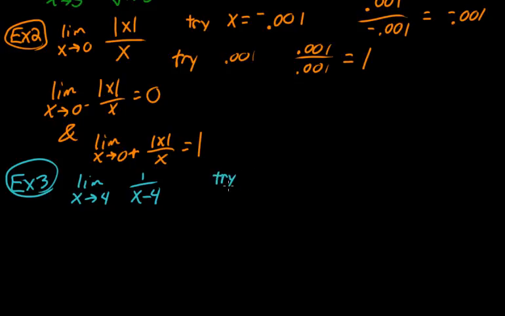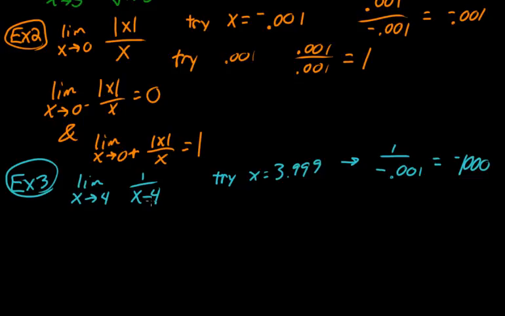We'll say try x equals, let's get a number below 4, 3.999. So it's 1 divided by 3.999 minus 4, which would be negative 0.001. And 1 divided by negative 0.001 equals negative 1,000 in this case.